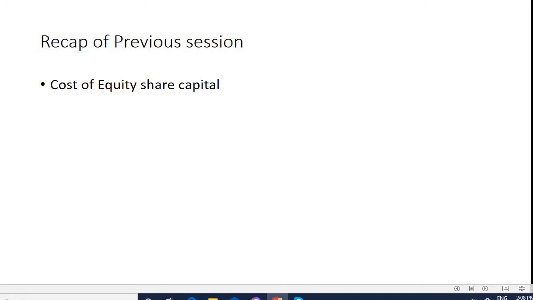Regarding the previous session, I have dealt with equity share capital and how to calculate the cost of equity share capital. We have seen the cost of equity capital in various approaches. We all know that the equity shareholders are the real owners of the company who take the risk of investing in the company.